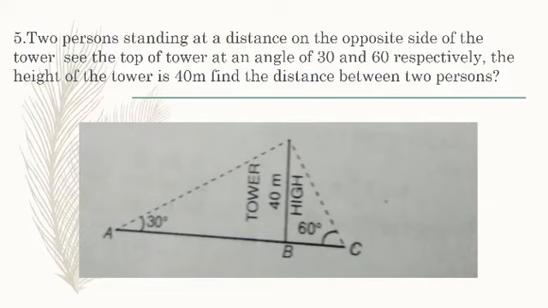Person C observes angle of elevation of 60 degree to the top of the tower. So at what distance person C and person A are standing, that we have to calculate. That means to calculate the distance between person A and person C, first of all we have to calculate AB and BC. Let us see how it is.